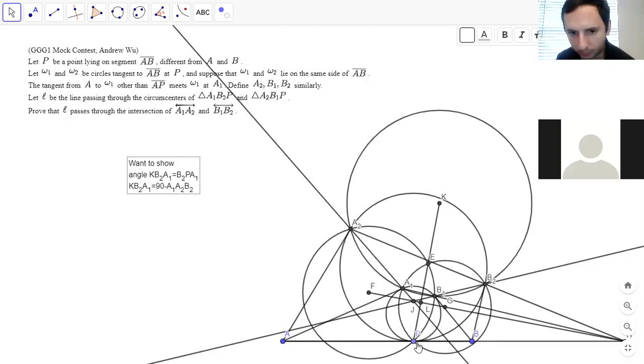So the sum of these three angles is 180: A1 PA, A1 PB1, and B1 PB2, right? Yeah, and angle B2 PB is equal to B2 AP because BB is tangent.